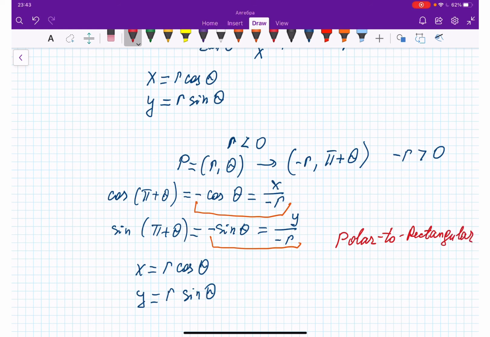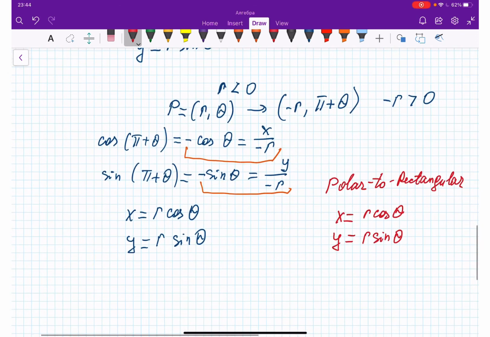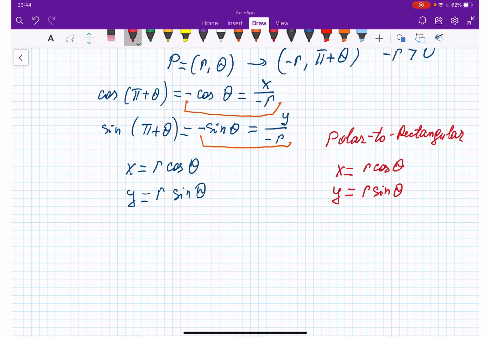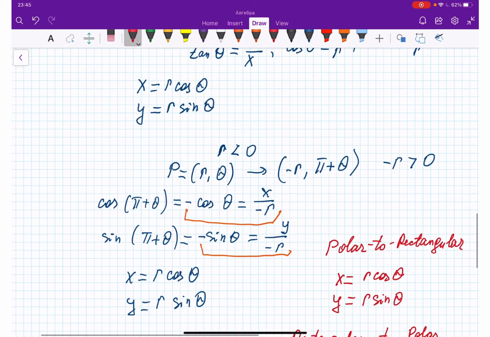So for the polar to rectangular conversion, we have x equal to r cosine theta and y equal to r sine theta. And for the rectangular to polar conversion, we had here, where is it?